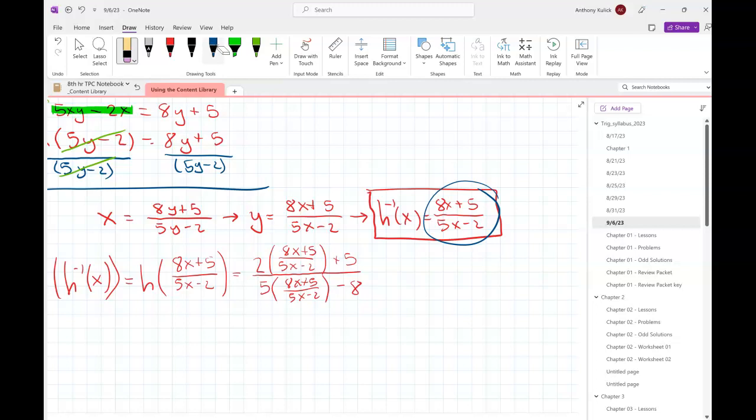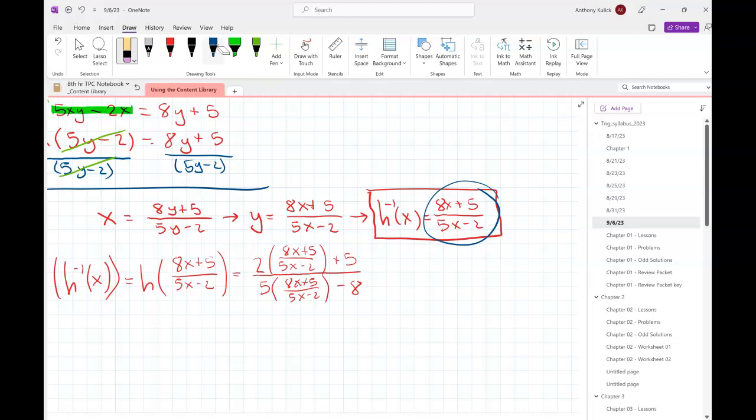To simplify a complex fraction, there's really two strategies. The first strategy is I can simplify the entire numerator down to a single fraction, and then simplify the entire denominator down to a single fraction, and then divide the two fractions. Blech! That's not what we're going to do. I think that algebraically that's a lot more symbol pushing than the alternative.